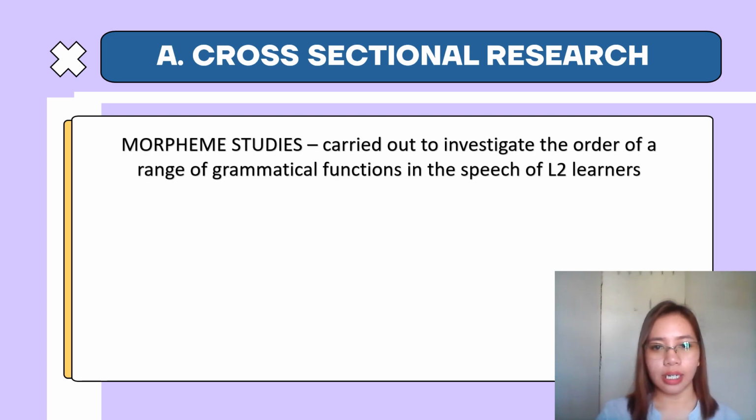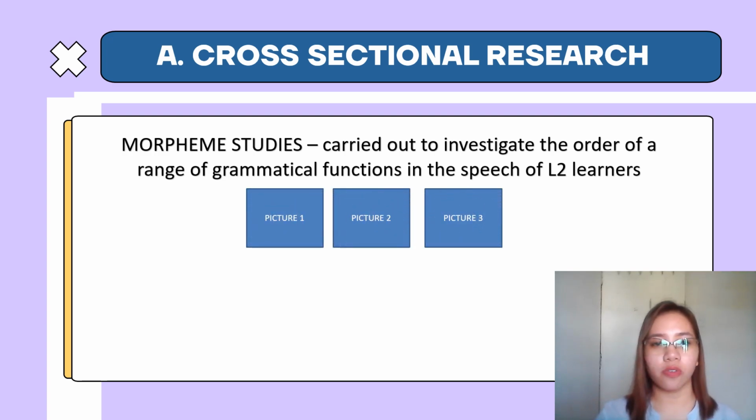Here, subjects were asked to describe a series of pictures for which researchers identified items of the L2 which were obligatory. Points were assigned based on the accuracy of the learner in using those items in their description.